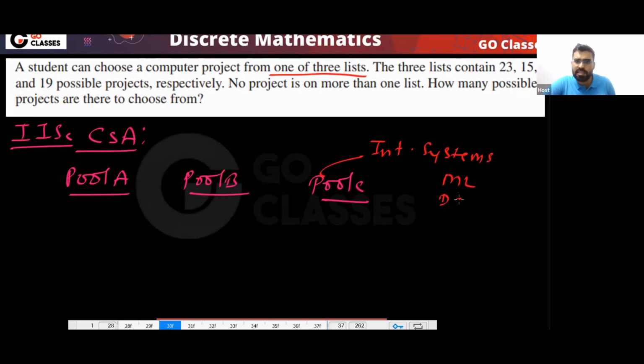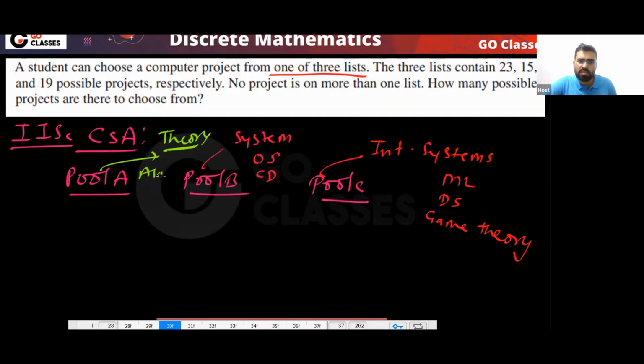ML, data science, game theory, these types of courses you have in the intelligent systems pool. This is your systems pool, like operating systems, compiler design. And this pool A is your theory pool, theoretical computer science, like algorithms, discrete mathematics, graph theory.